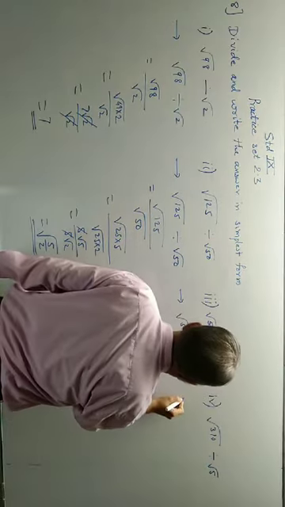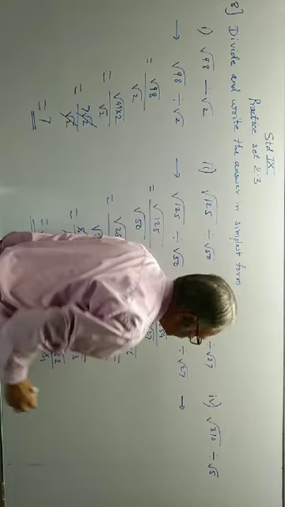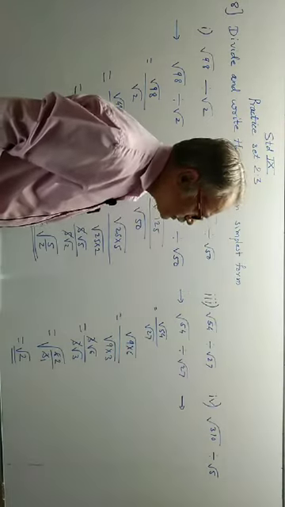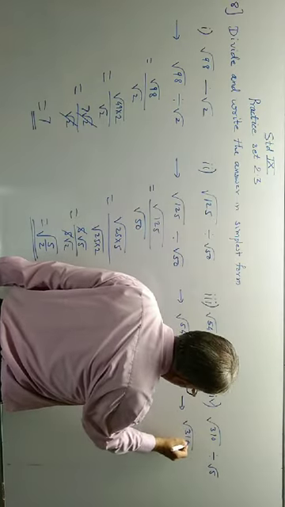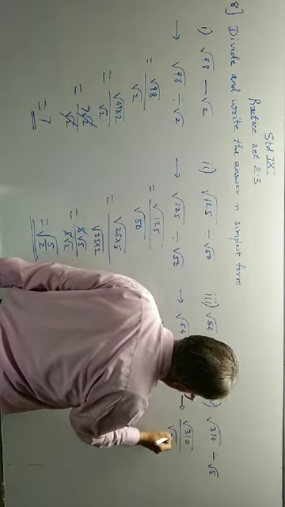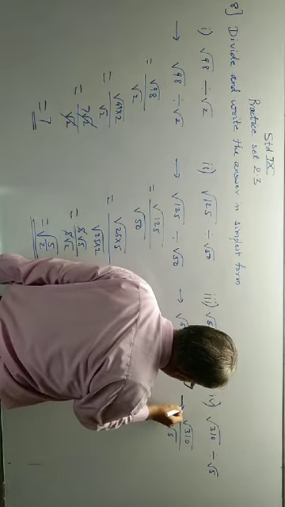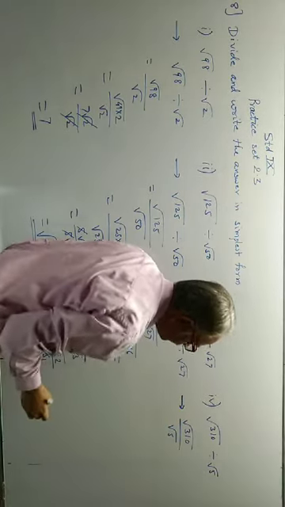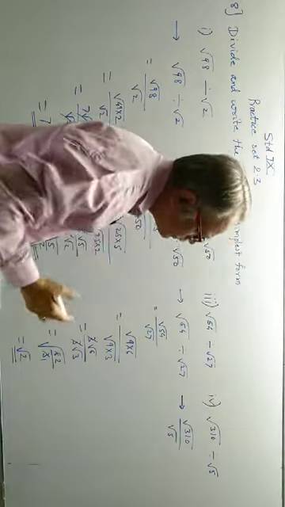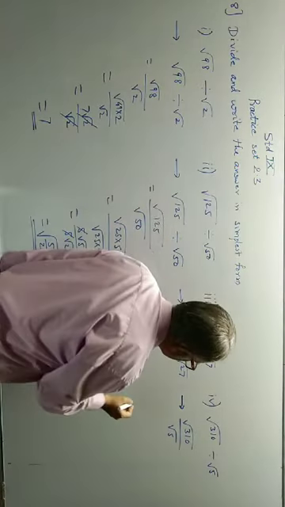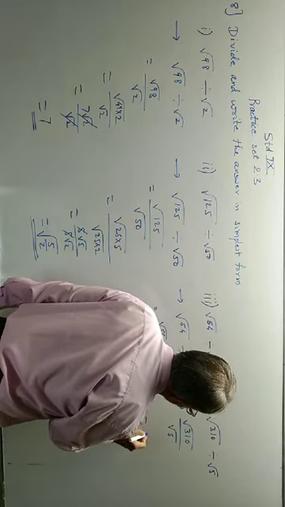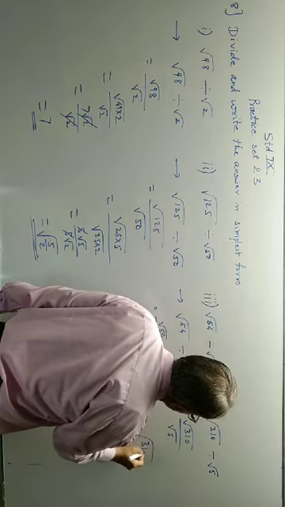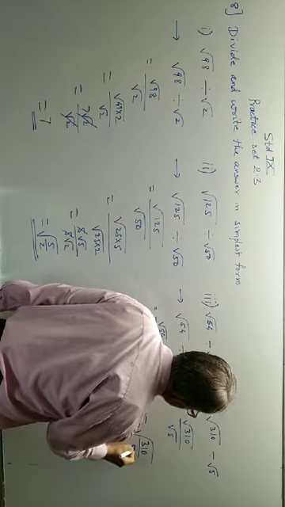The fourth sum, root 310 divided by root 5. Now 310 is 31 into 10, or 31 into 2 into 5. Nothing is a perfect square, so we keep it as it is and write under a big root 310 upon 5.